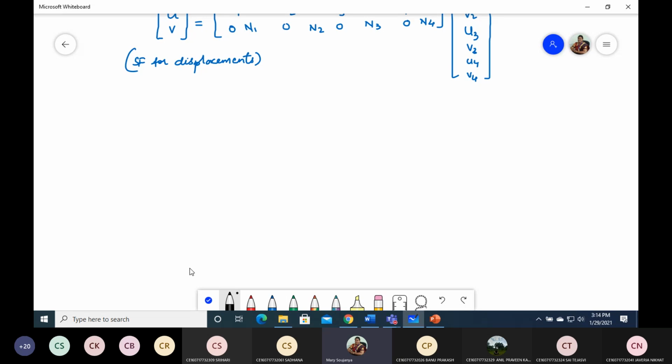We are trying to relate the natural or local coordinate system to the global Cartesian system. That can be computed using the chain rule of partial differentiation.